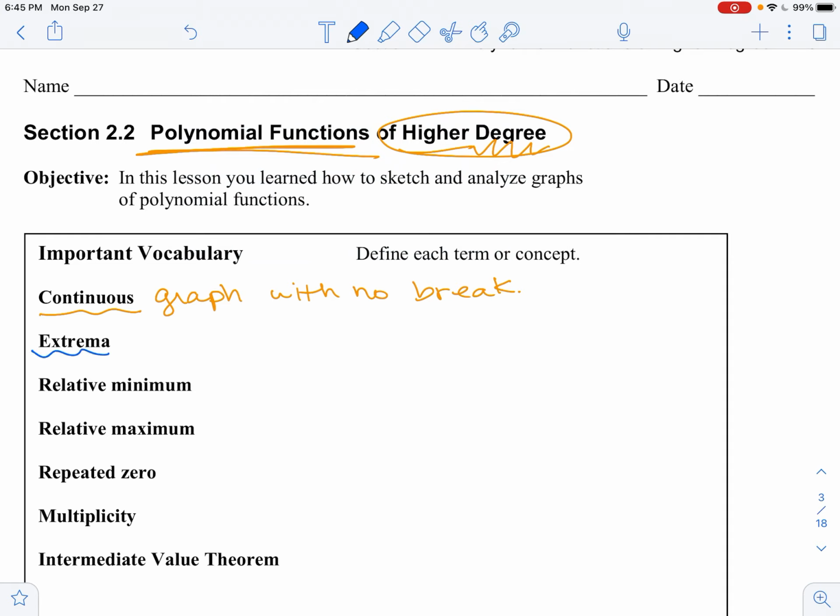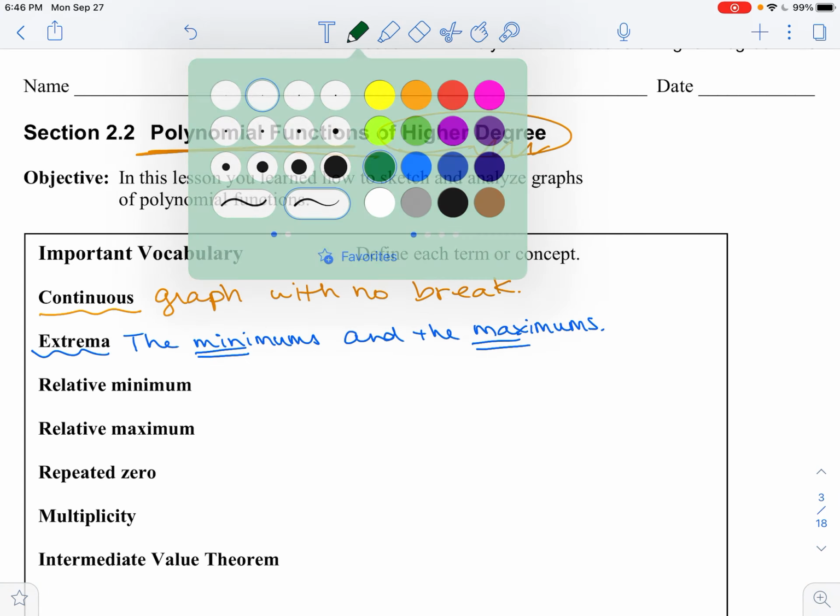Extrema, we talked about this a little bit in class, are just another word for the minimums and the maximums. The root word for extrema is extreme, so the lowest point is the minimum and the highest point is the maximum.